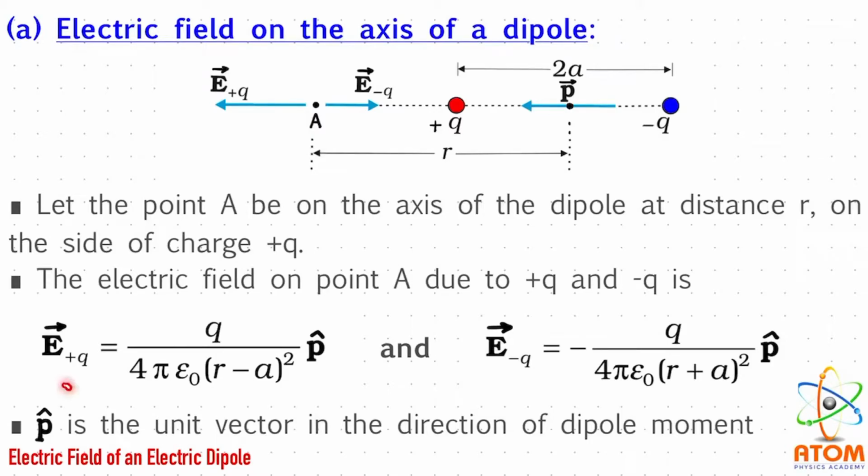Here this p cap is the unit vector in the direction of the dipole moment. So we can understand E positive q is in the direction of p cap and E negative q is in the opposite direction of p cap.